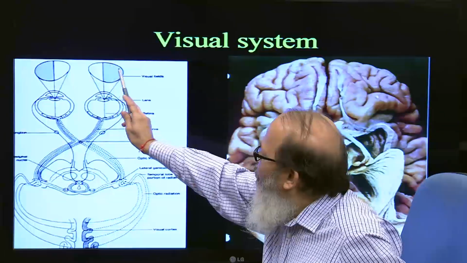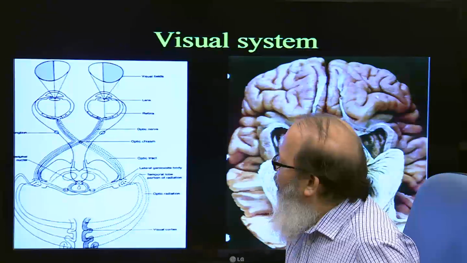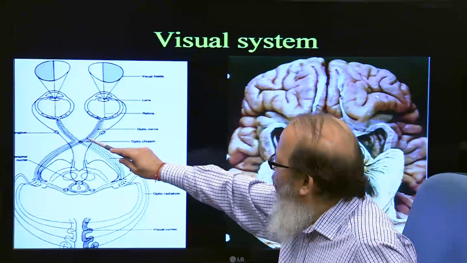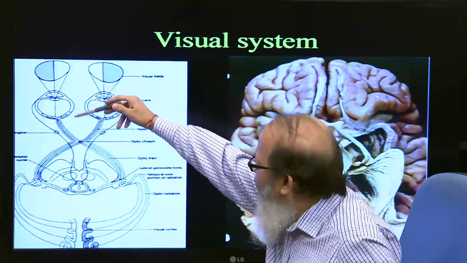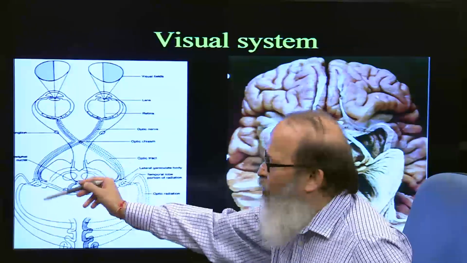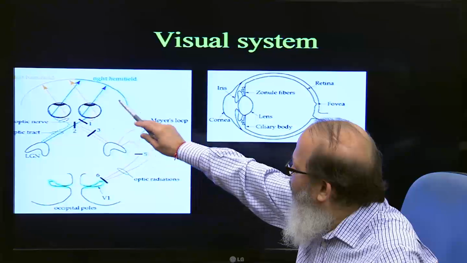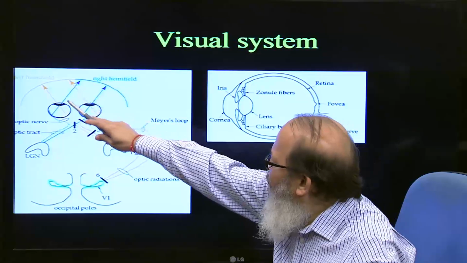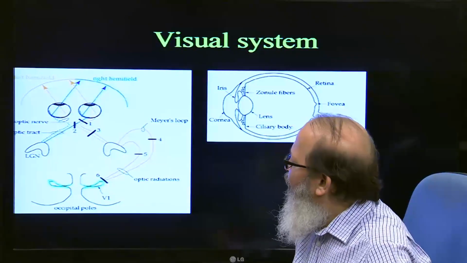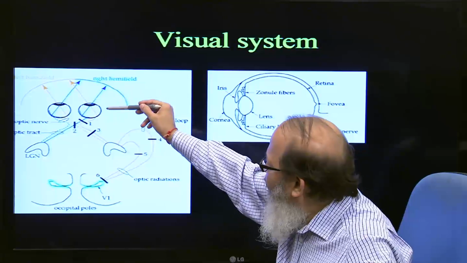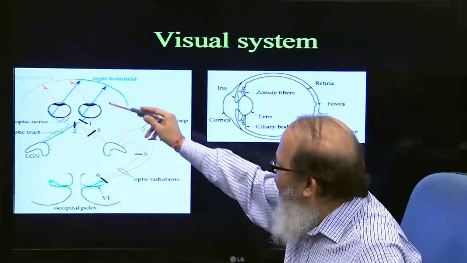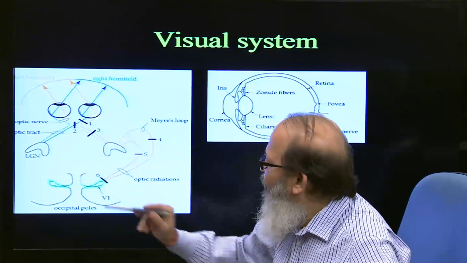So, this is the right side of the vision, this is the left side. I hope you get it. It is purely mathematical. Left side goes to the right side and right goes to the left. Again, right hemifield, left hemifield. So, the whole left side, this and this, come to the right and this comes to the left.